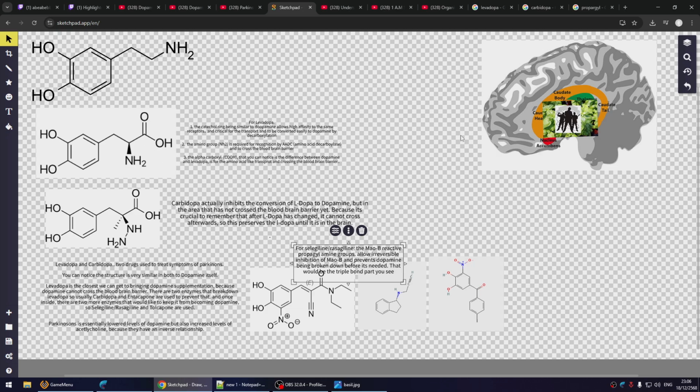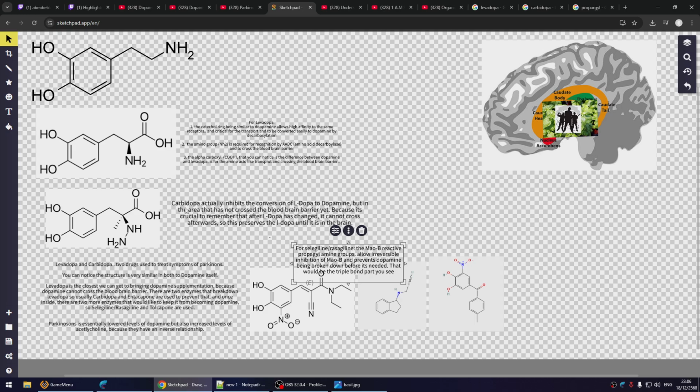So getting through the door is the main part, because dopamine cannot cross. This is the main problem of dealing with Parkinson's: dopamine isn't easy to get to the basal ganglia, because it's being broken down before it gets here.